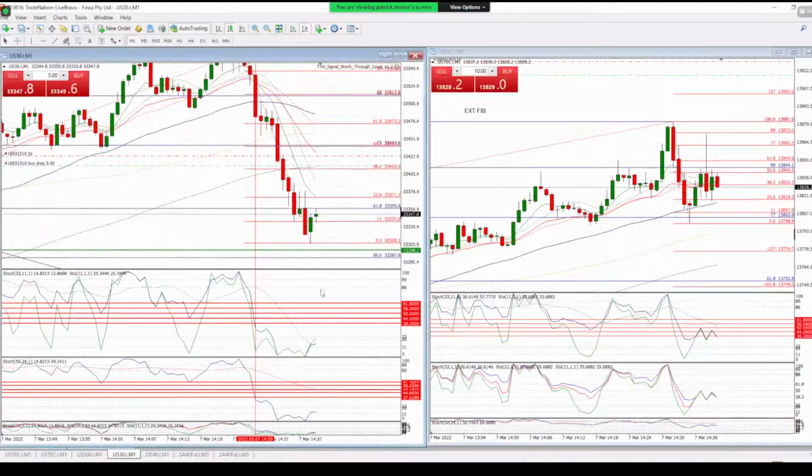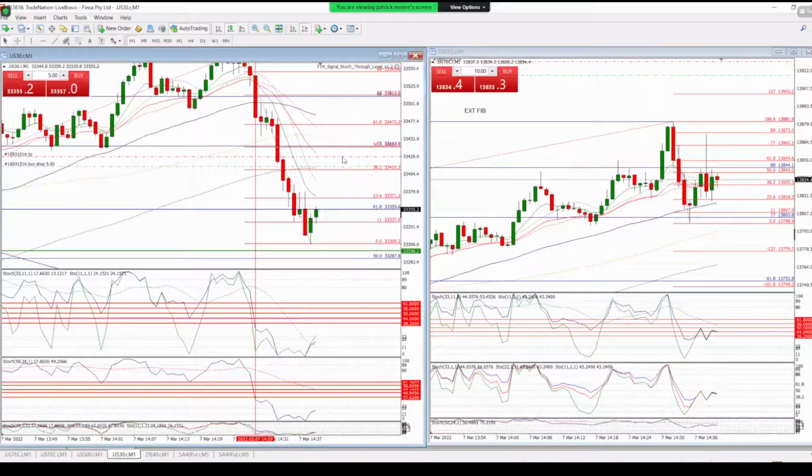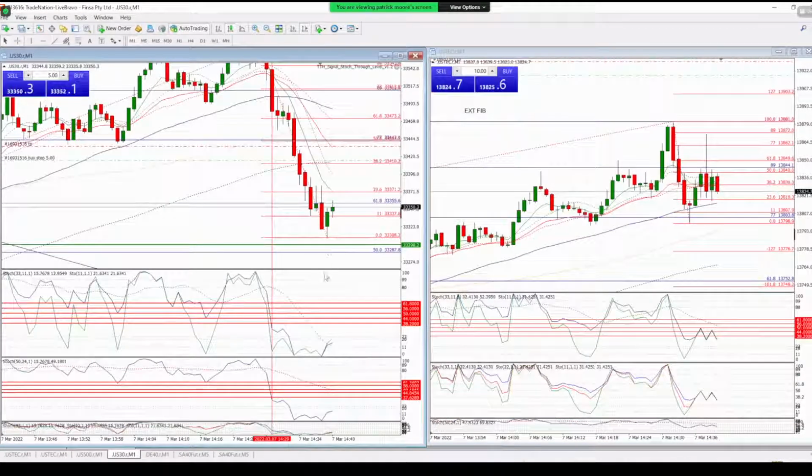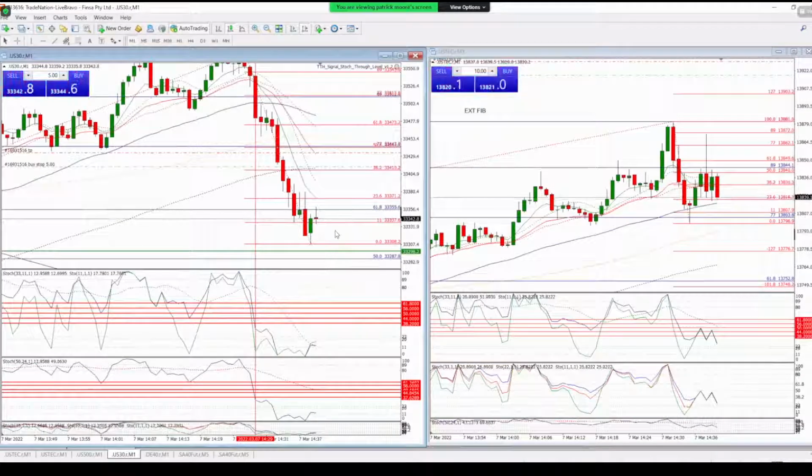All this is still in the right place. I'm watching 38 to 50. I can extend that TP a little bit. And I'll be watching as well for stochastic up through 50 to the next fib level.